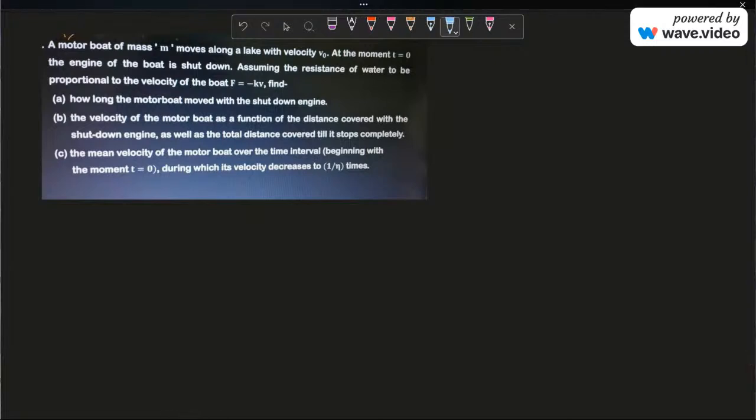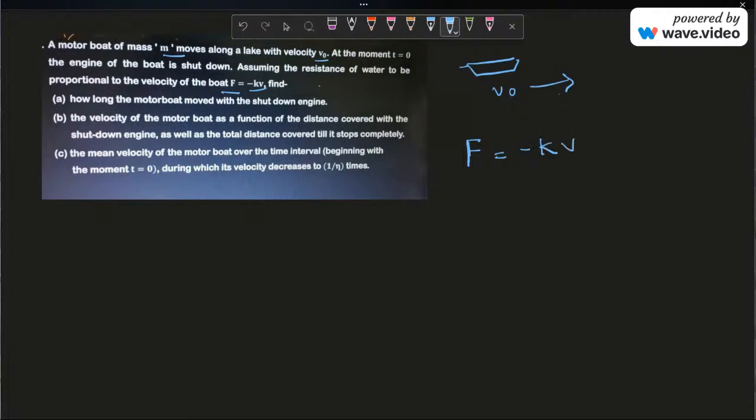A motorboat of mass m is moving along a lake with velocity v naught. Just at the moment t is equal to zero, the engine shuts down. Assuming the resistance of the water is F is equal to minus kv, how long will the boat move?